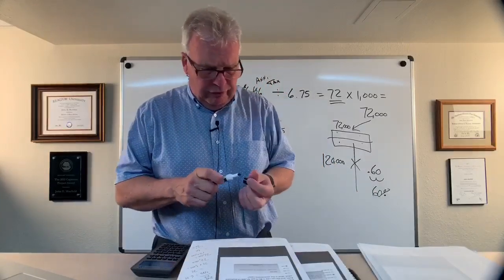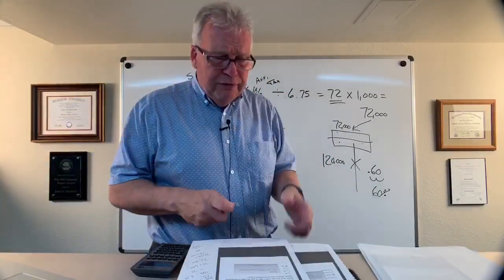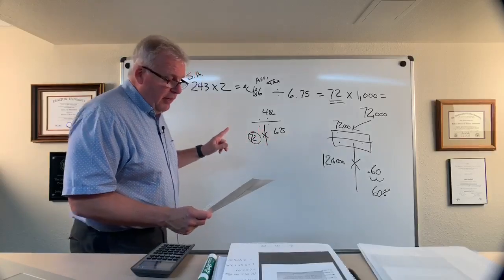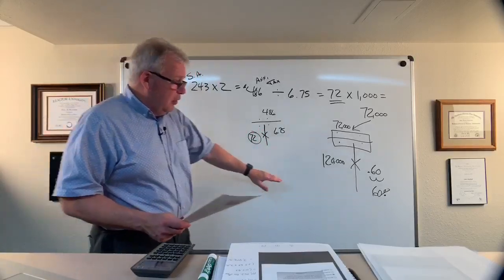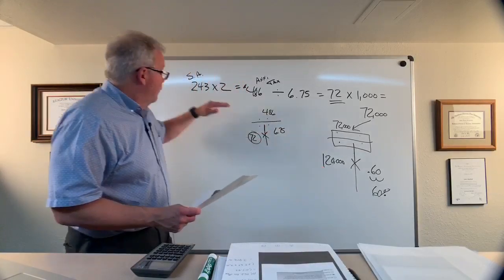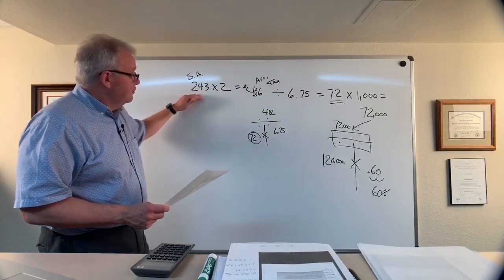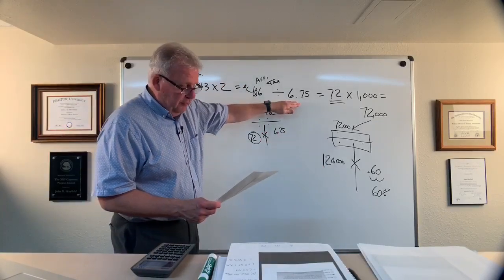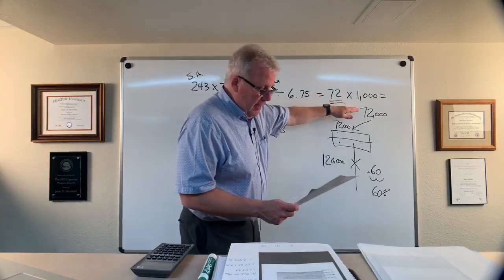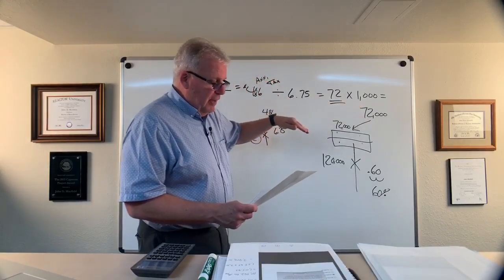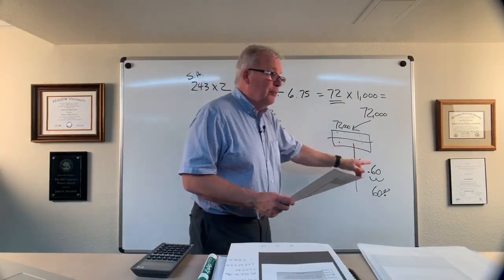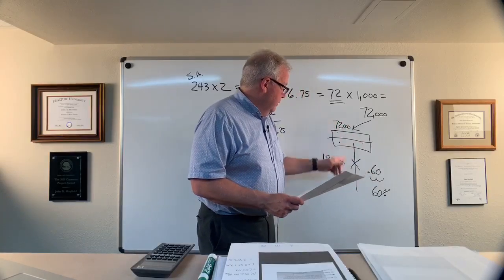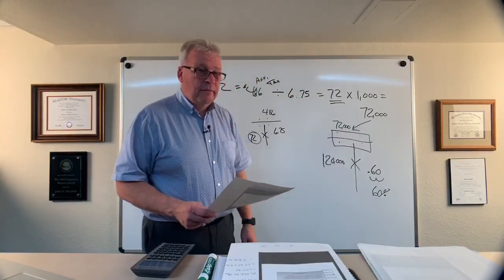So I'll read you the question again. If Mr. Smith's semi-annual tax on his $120,000 home is $243 semi-annual, the tax rate $6.75 per 1,000 of assessed value, what is the assessment ratio? Well, we just worked all that in.